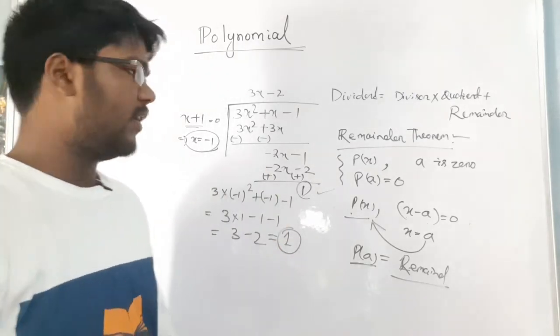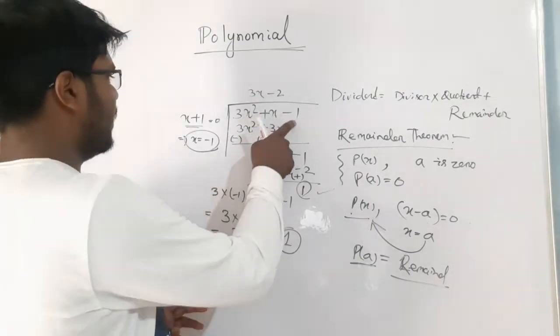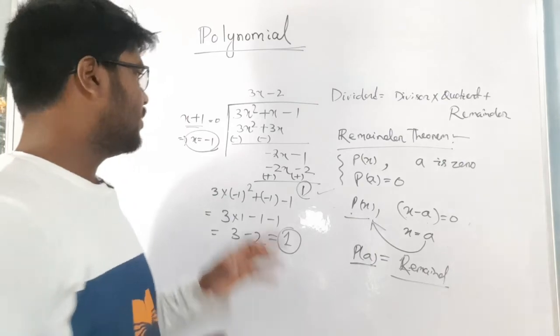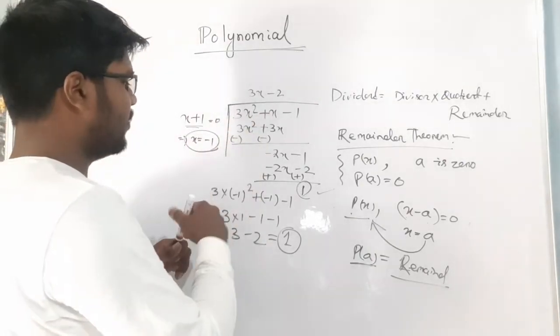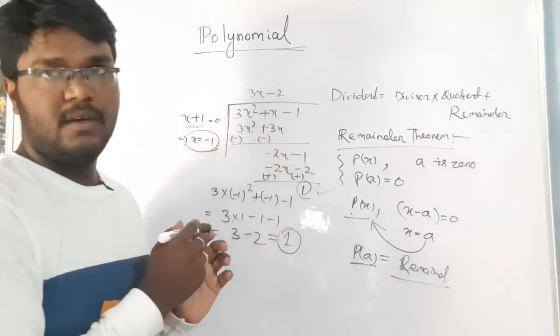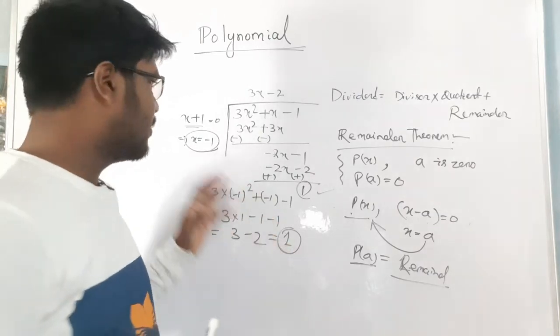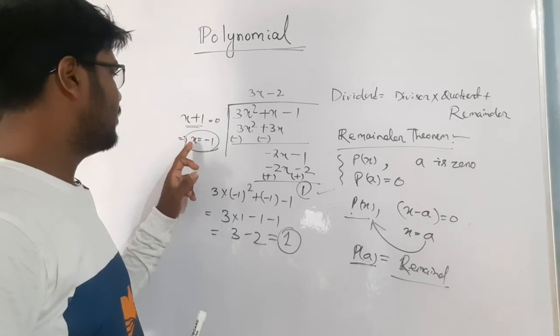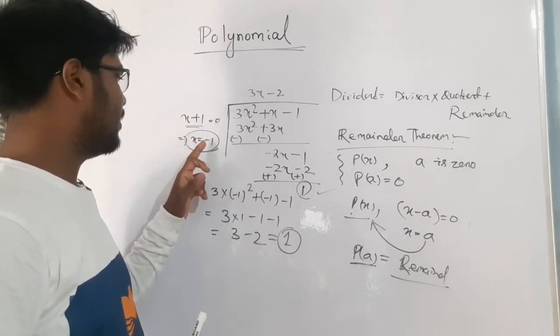Questions come in this way. If this polynomial is divided with this, then what will be its remainder? If you divide in this way, it will take more time, but you have to apply this method. Since this will be divided with this, we will take it as 0 and x is equal to something.